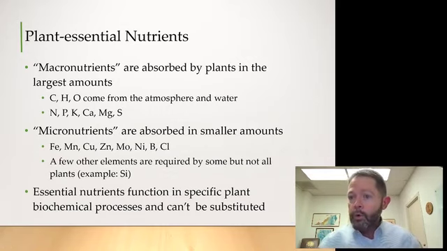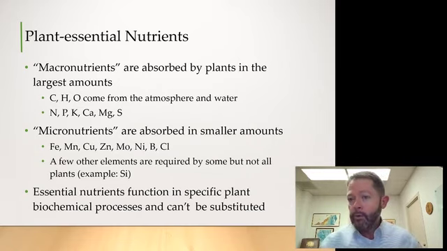So there are a total of 17 essential plant nutrients, and many of you have probably heard of macronutrients and micronutrients. And the macronutrients that are most familiar to us are N, P, and K, but calcium, magnesium, and sulfur also qualify as macronutrients.